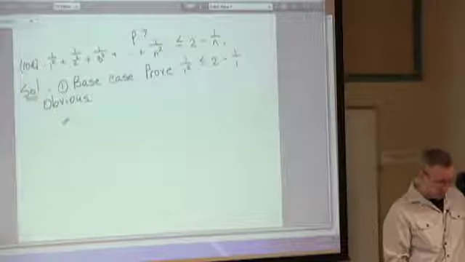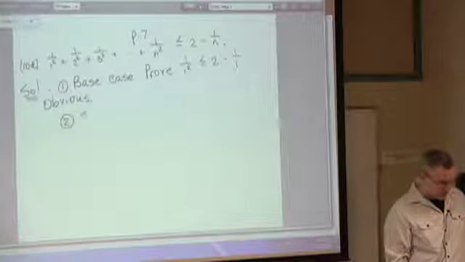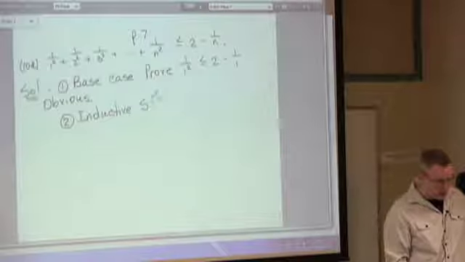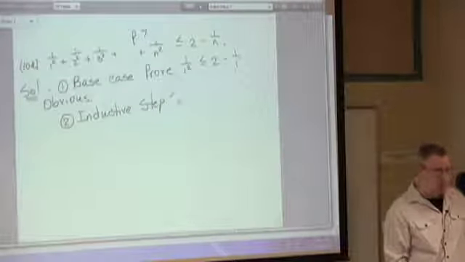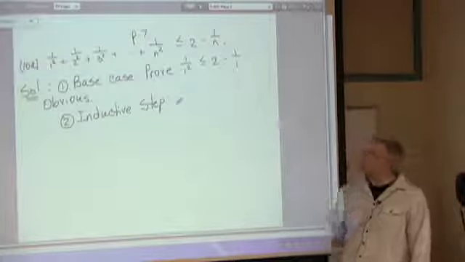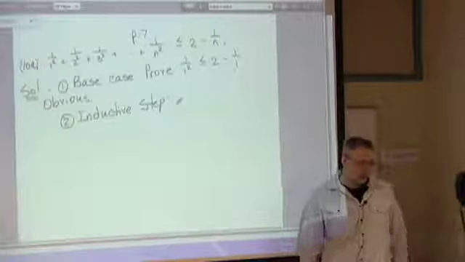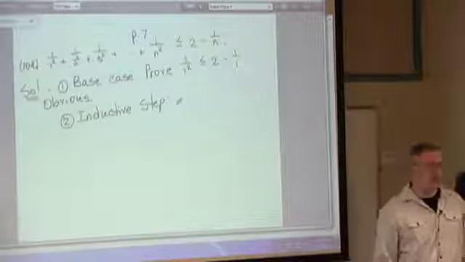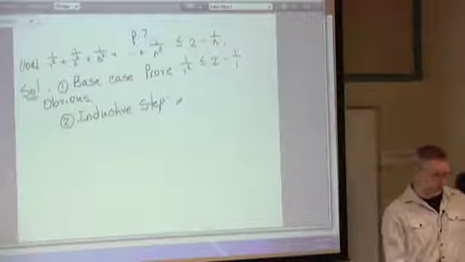Okay. And the second is the inductive step. The inductive step is when you assume that whatever it is you're trying to prove is true for some positive integer n, and you want to establish the same assertion for n plus 1, right?